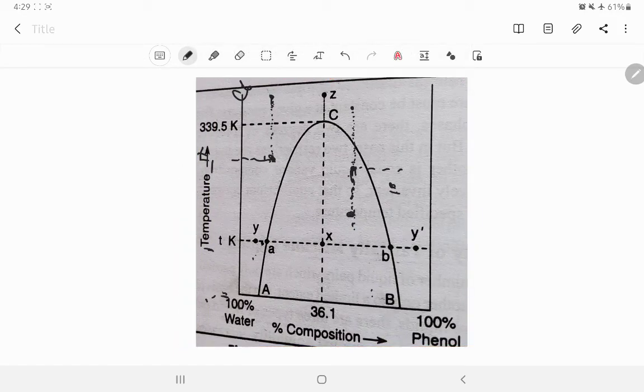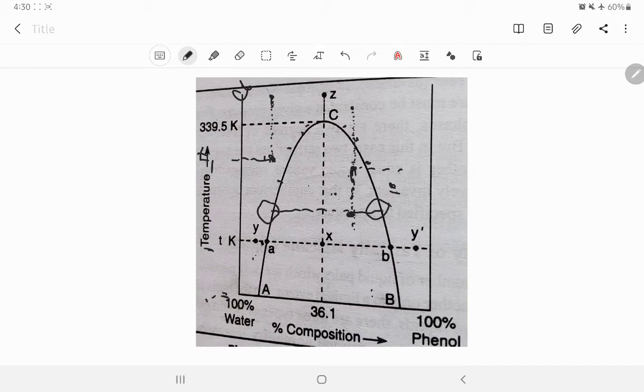One solution is the solution of water in phenol, other solution is a solution of phenol in water. Composition of any solution inside the parabola is given by points on this curve. Outside there is only one layer. It is the unsaturated solution.